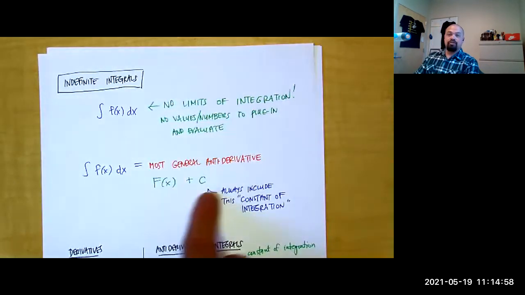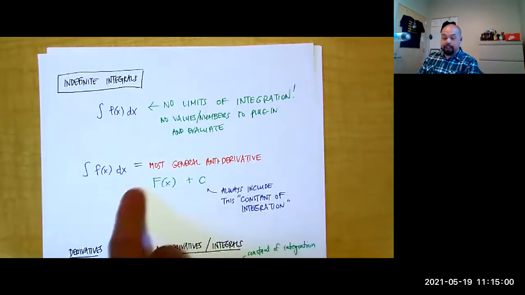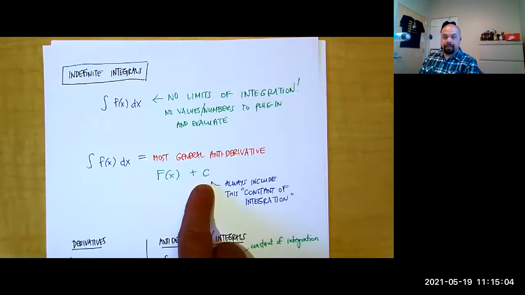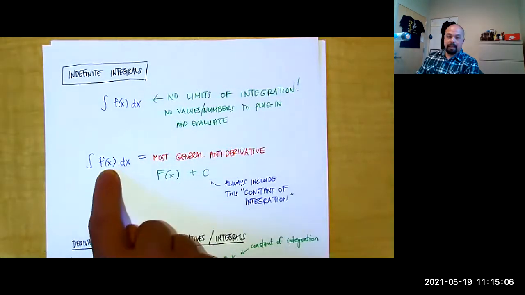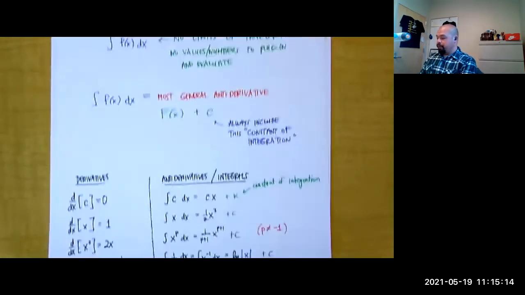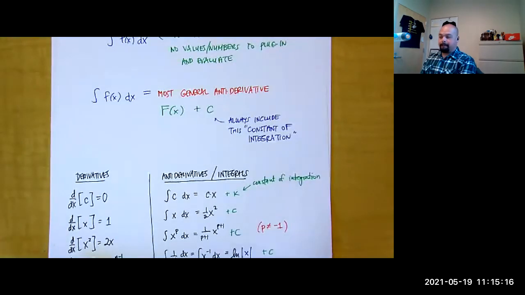Our answer is just going to be this most general antiderivative. We're going to have variables, we're going to have an expression, and we can always check. If I take the derivative of my answer, I should get back that original integrand, what we call that function inside the integral. Okay? So there's always a way of double checking these indefinite integrals. Even the definite: you find your antiderivative, take your derivative, make sure it matches up, then compute.